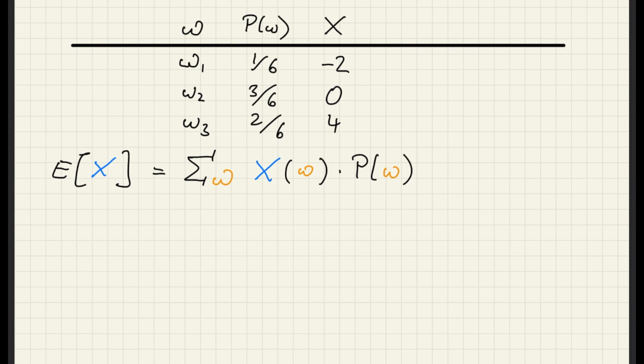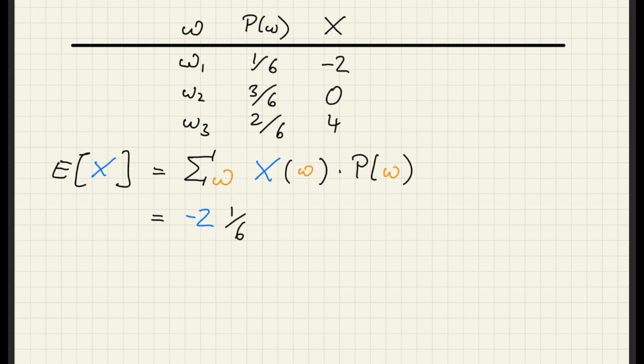Let's compute the sum for our numerical example. So we're starting with the first row, the first outcome. We're taking the value of x under this outcome. The value is -2. We're multiplying the corresponding probability, which you find in the same row here. It's 1/6.